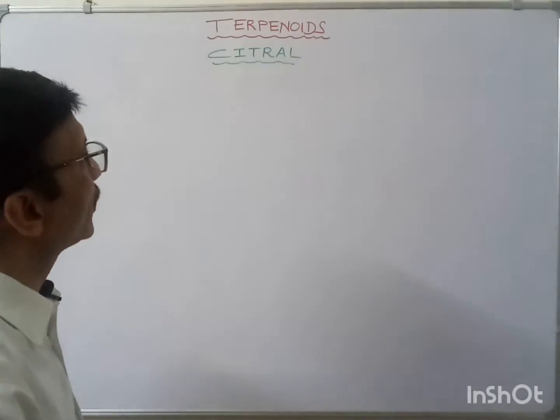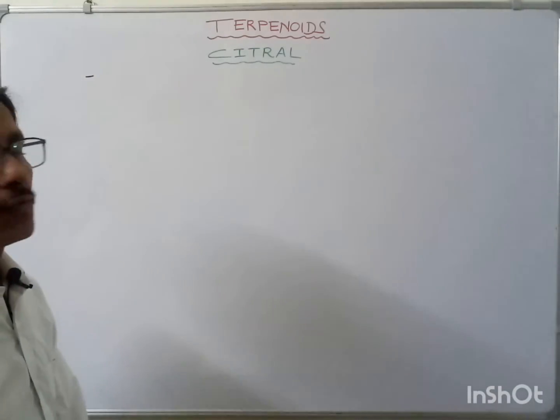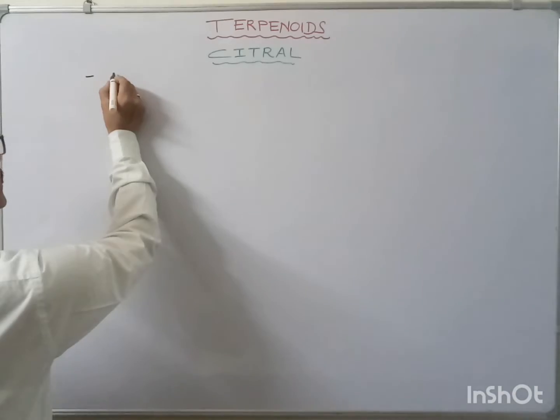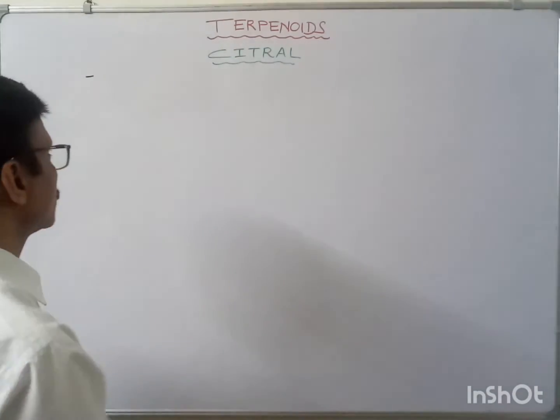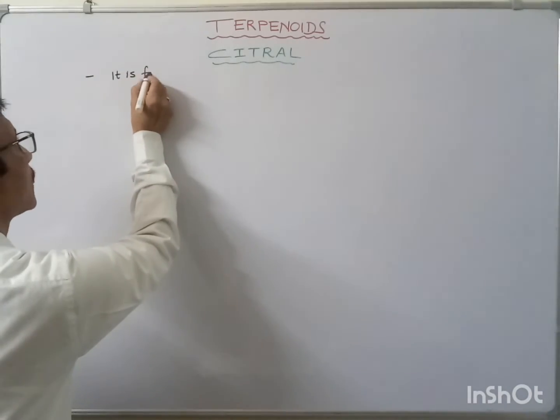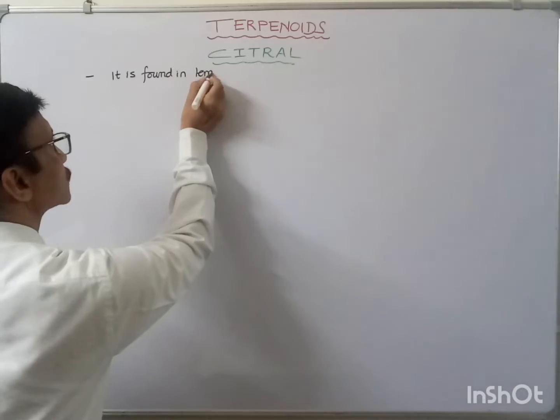Citral is one of the terpenoids, and this component, citral, is found in lemon oil. It is one of the components of lemon oil and lemongrass oil. It is found in lemongrass.